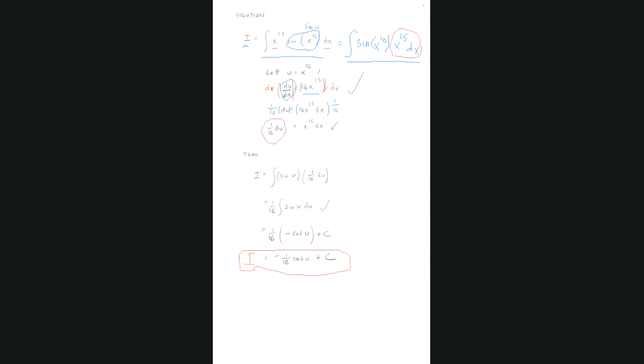Okay, are there any questions up to here before we move to the next page? If I were to type in WebAssign negative 1/16 cosine plus c, would WebAssign accept that answer?